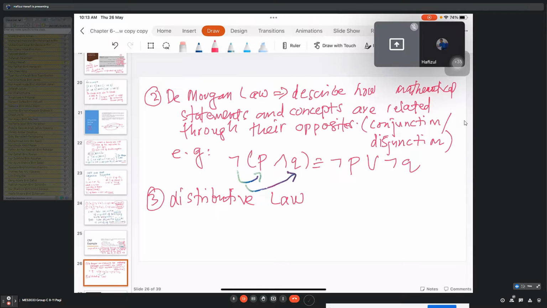In mathematics, the distributive law relates the operations of multiplication and addition. For example, A(B plus C) is equivalent to AB plus AC, or we can say A(B minus C) is equivalent to AB minus AC.